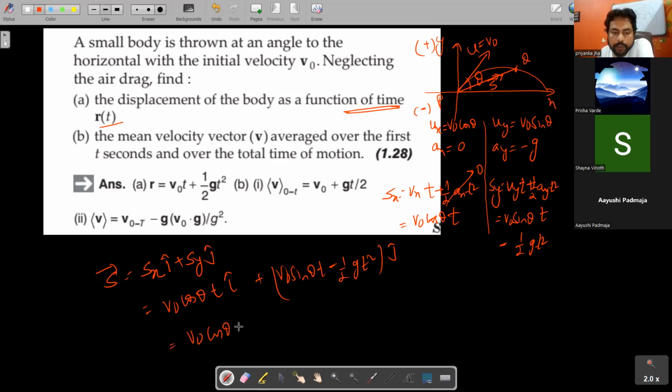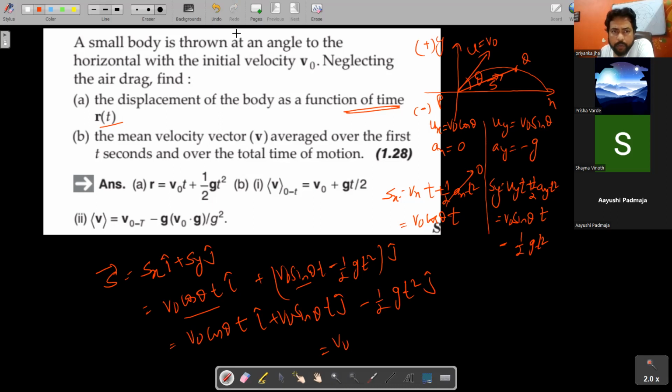V naught cos theta t i plus V naught sin theta t j. This and this you club, minus half g t square j. Now you can see this thing. Take V naught t common.